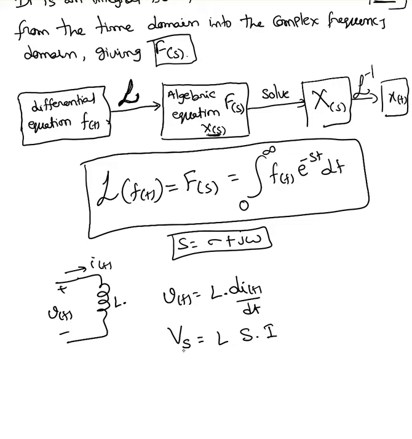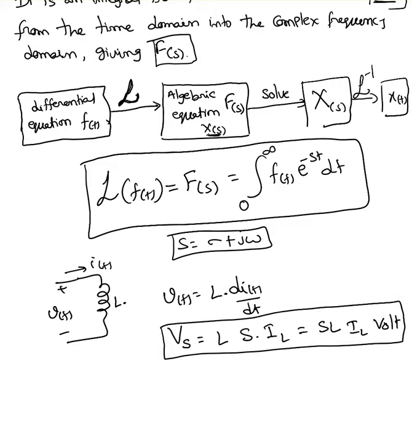In s domain I'm going to use capital letters, s times I of s, where I of s is the current passing through that inductor. So basically V of s is nothing but sL times I of s. That's the voltage drop across the inductor.